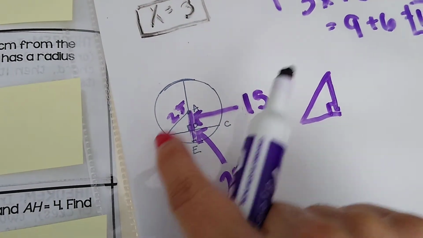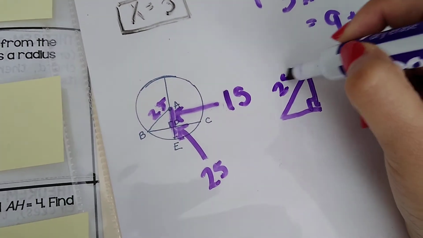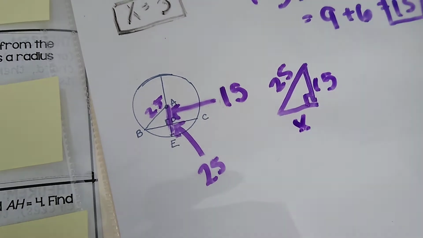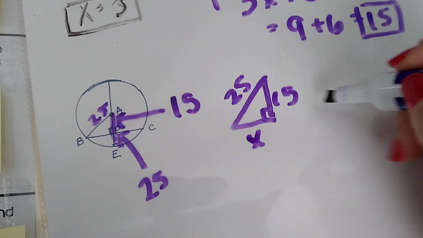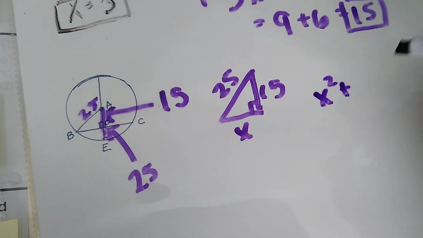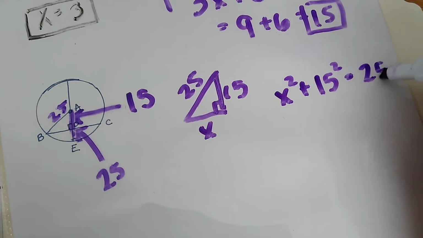So this is B, A, and D. So I know that this is 25, this is 15, and this is unknown. We don't know yet. So I'm going to use the Pythagorean theorem to figure that out. So I have x squared plus 15 squared equals 25 squared.